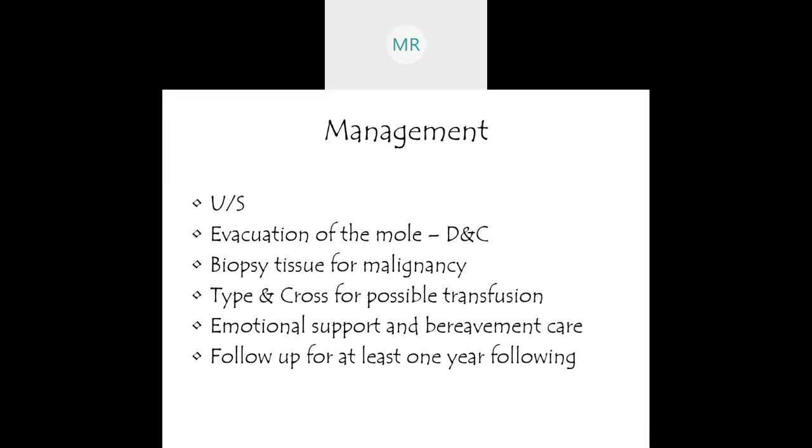And what we're going to do again is repeat and do a D&C. We're going to do a tissue biopsy for malignancy. She might have to get on chemo. Sometimes a hysterectomy to decrease that percentage now of choriocarcinoma. Just about a 20% population.